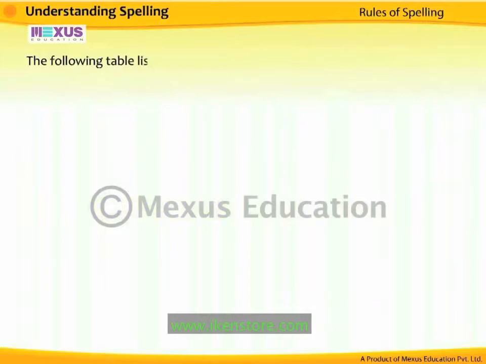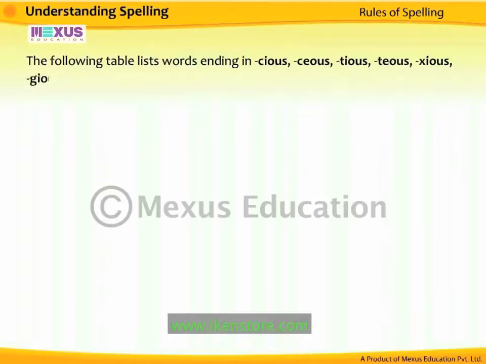The following table lists words ending in CIOUS, CEOUS, TIOUS, TEOUS, XIOUS, GIOUS, GEOUS, OUR, OUS, TION, SION, SSION, CION.